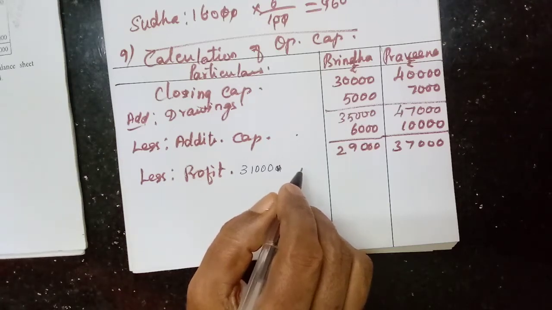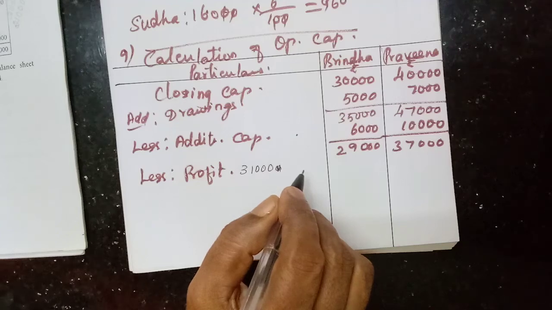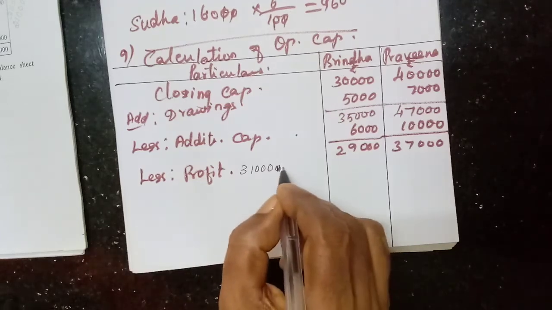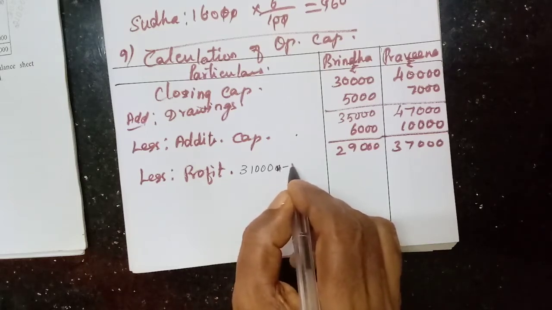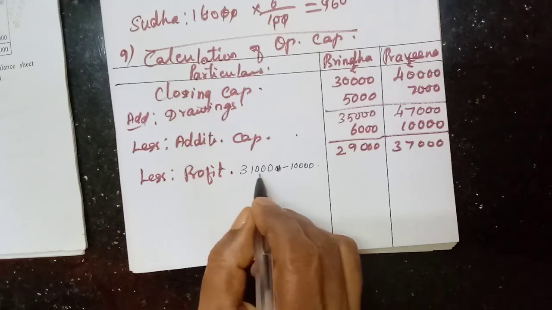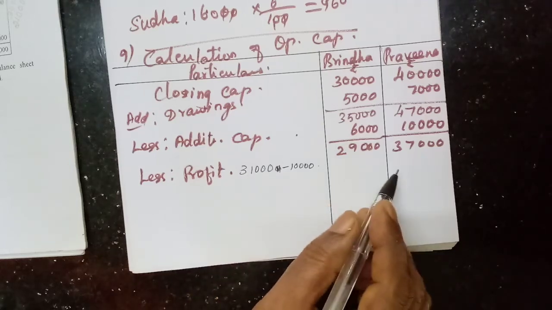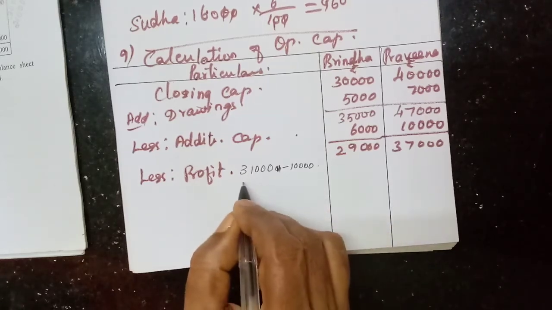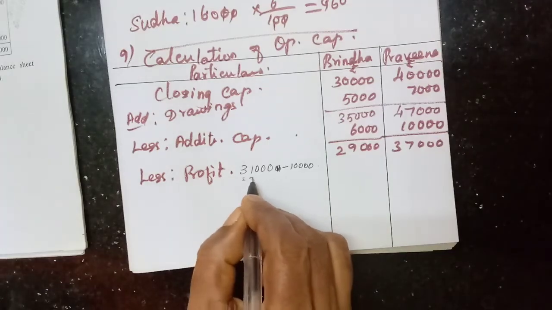But it is already credited in the profit and loss appropriation account. How much? 10,000, isn't it? That we should deduct. Okay. This profit only we have to distribute to the partners. So how much? Equal to 21,000.